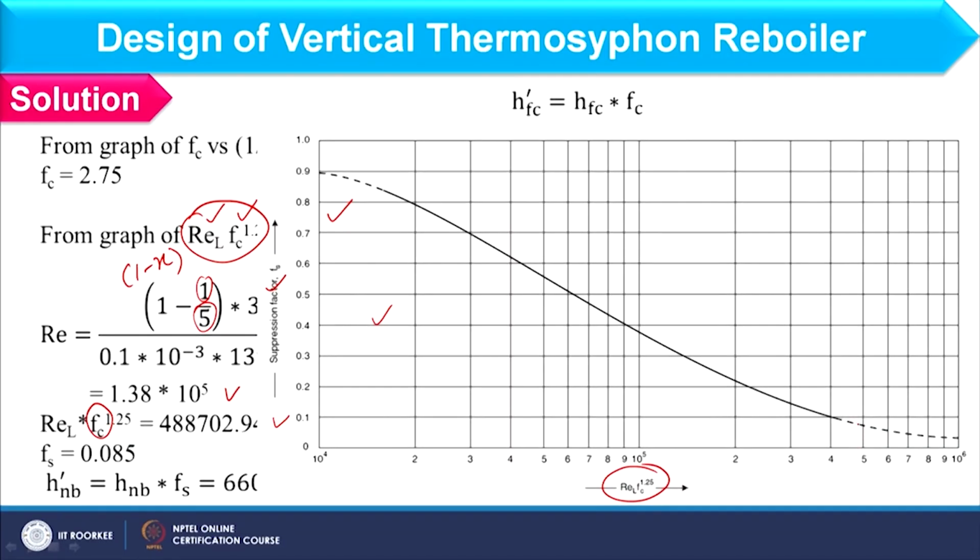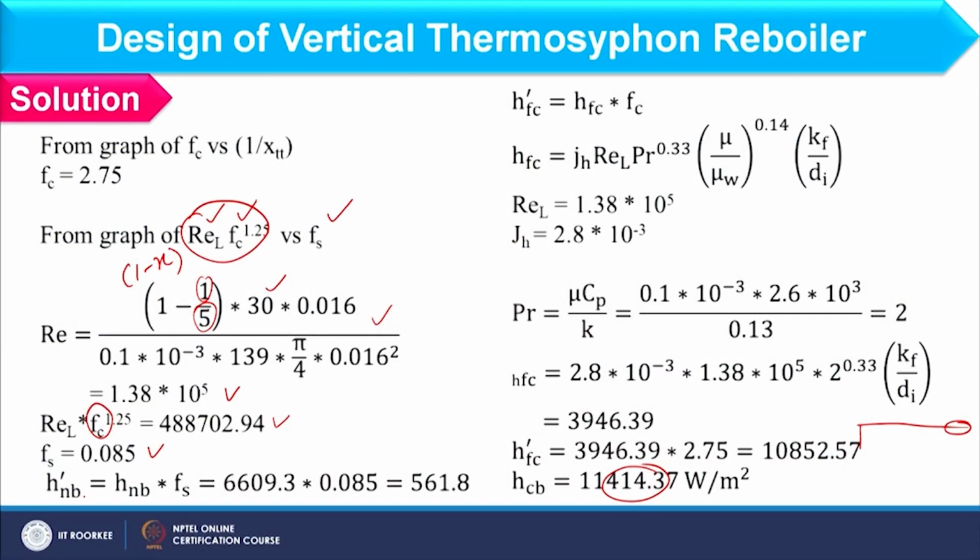So, somewhere it will lie here, and the value of Fs you can obtain as this value, which will come out as 0.085. When I read the graph, because of the non-linear line, you can find that the value is not exactly 0.085, but when you see this in the exact graph you can find the same value by taking the scales, right.